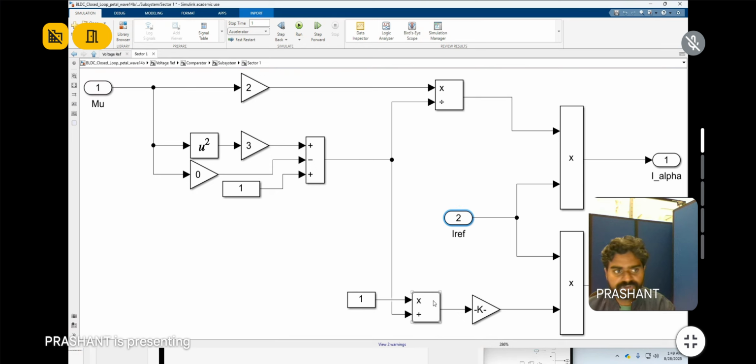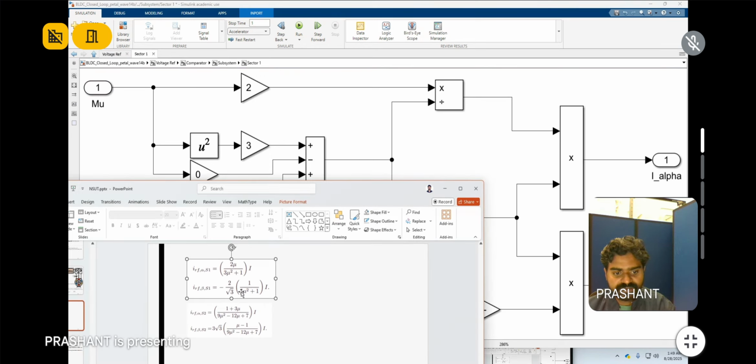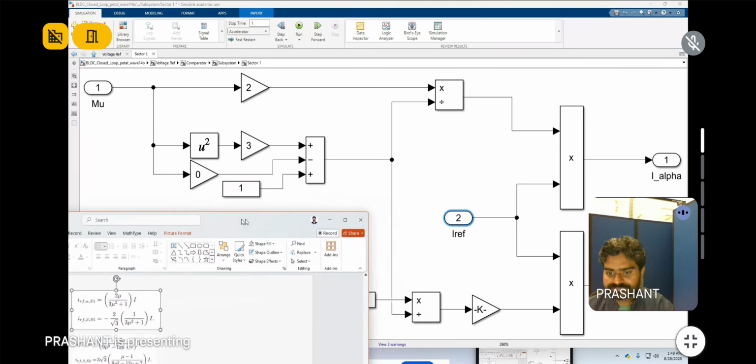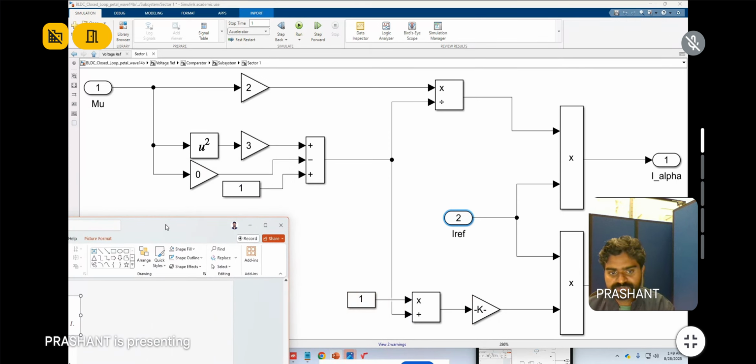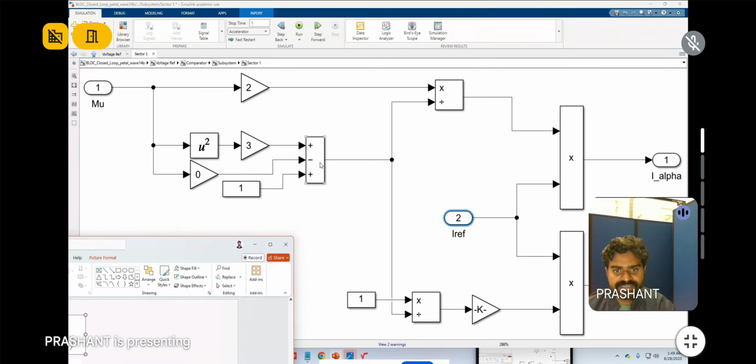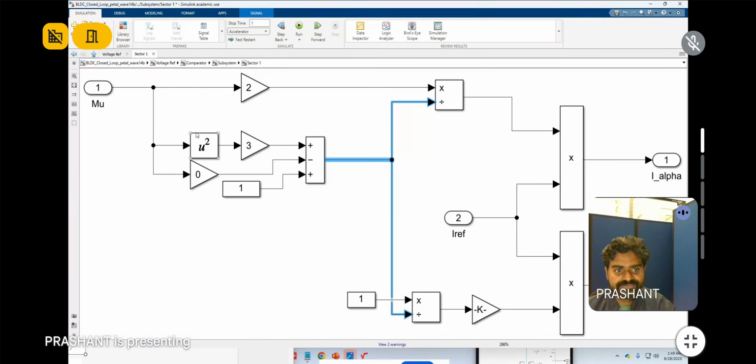So now we have to model the beta part. Minus 2 by root 3, 1 by 3 mu square plus 1. See here, till this point, we were getting 3 mu square plus 1. So if we take 1 by 3 mu square plus 1, till this point this output was giving 3 mu square plus 1.